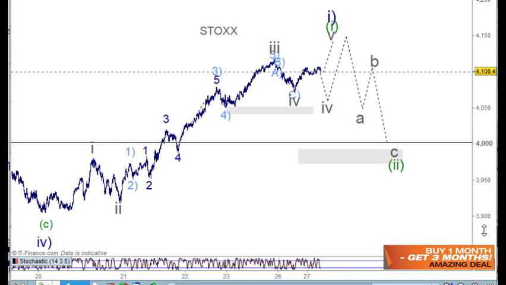So there we go. Like I say, even if I've got this wrong here, it doesn't really matter. We still need this. This is where we start buying at this point. Let's just check on the FTSE as well.